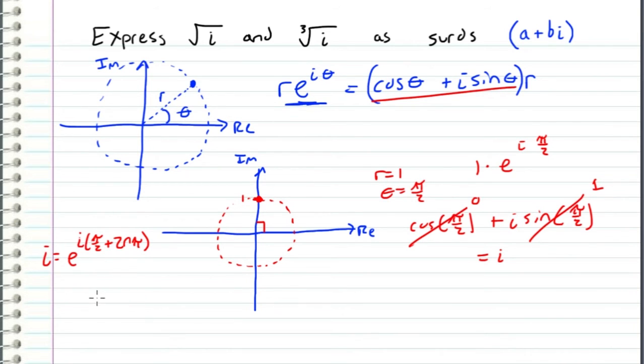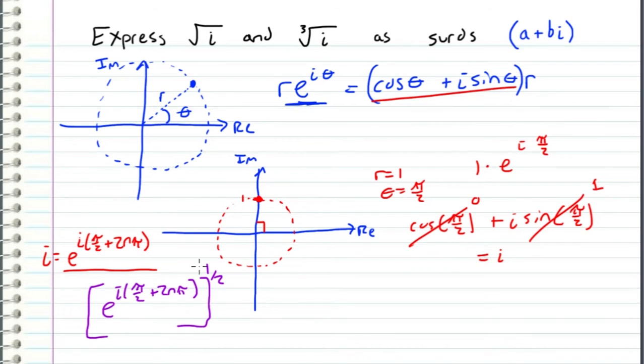And now I'm just going to take the square root of i by taking the square root of its polar form. This comes out to be e to the i times (pi over 2 plus 2n pi), all of that to the 1/2 power, taking the square root.